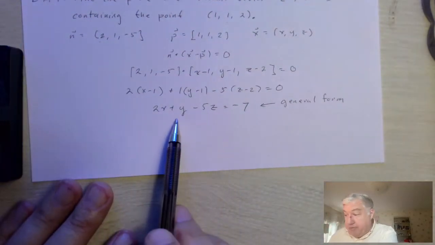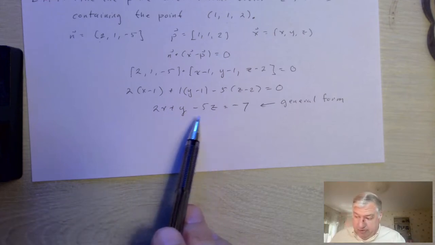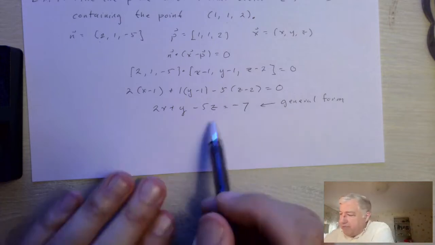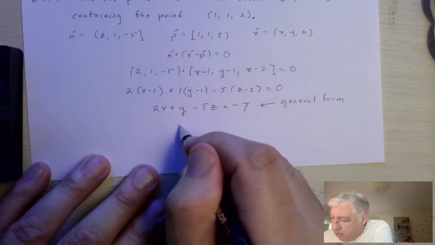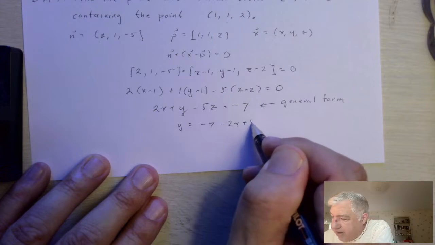In this case, we can do this with really any variable we want. Because these coefficients are all non-zero, we could write one variable in terms of the other two. But it's going to be particularly easy because we just have a y by itself here. So we can see that y will be equal to negative 7 minus 2x plus 5z.